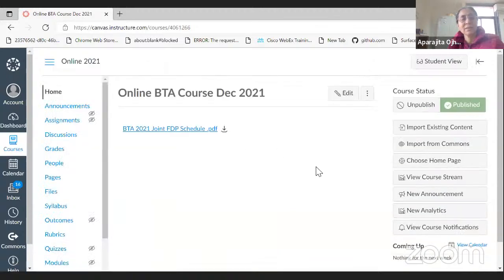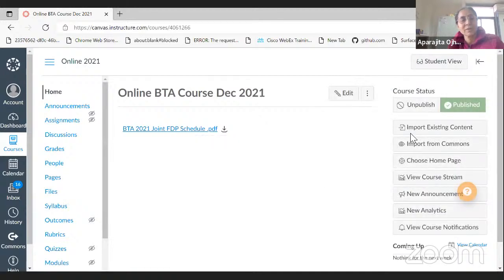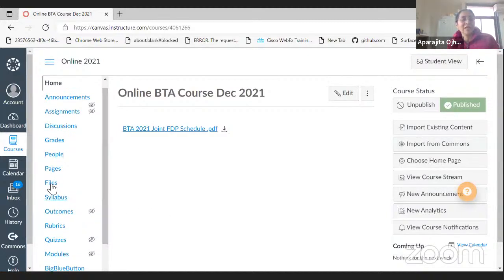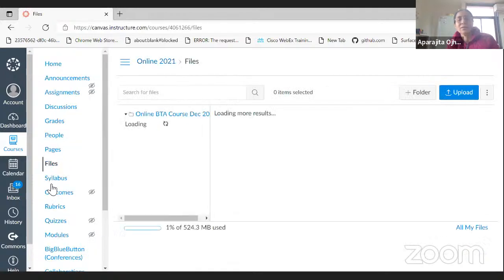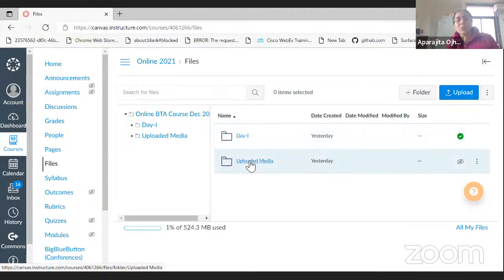When I click here, I get the schedule. This is the schedule of the course, right? This is what I have created. On the left-hand side, you can see pages, files. So when I click on the file, you can see day 1, uploaded media.